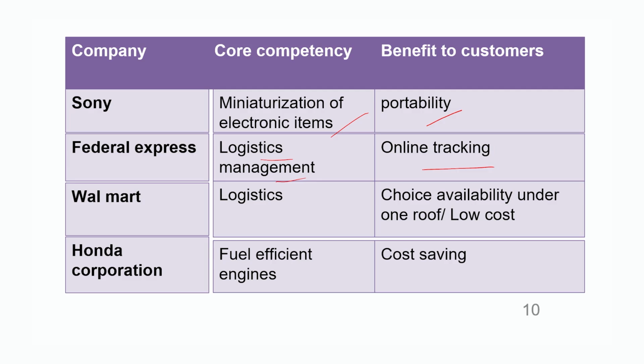Walmart's core competency is again logistics and operations management, and the benefit which customers get is choice availability under one roof and low cost. Honda's core competency is fuel efficient engines, and the benefit to customers is cost saving. So a core competency will always give a certain kind of benefit to the customers. This is the concept of core competency.